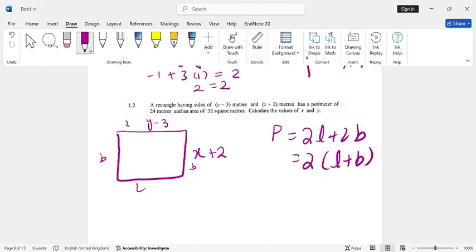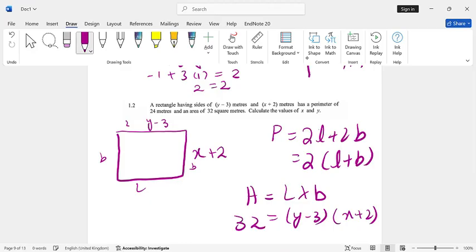And area equals length multiplied by width. We say length is y minus 3, and x plus 2 is its breadth. Okay, and the area is 32 square meters.